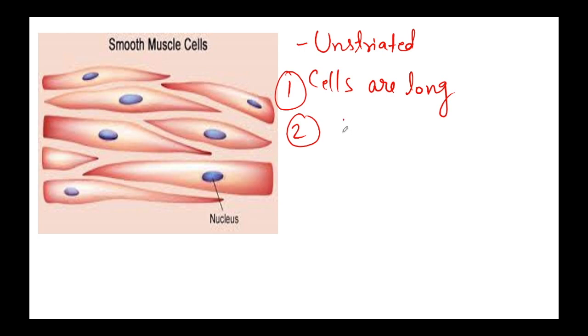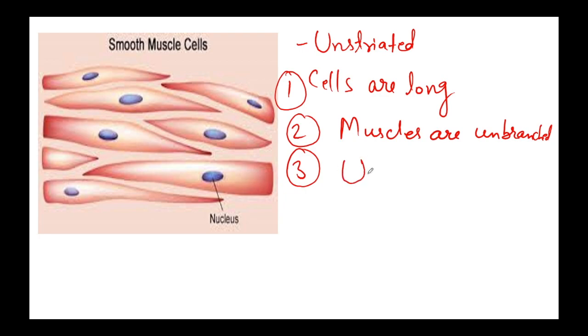Number 2, the muscles are unbranched. Yes, we can see the muscles are unbranched. There is no branch. Number 3, unstriated muscle is uninucleated. So only one nucleus is present per cell, therefore the condition is uninucleated.